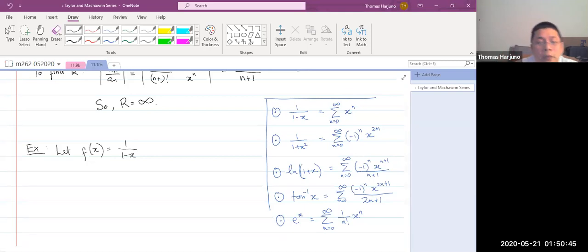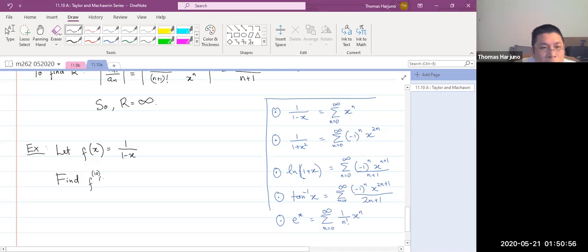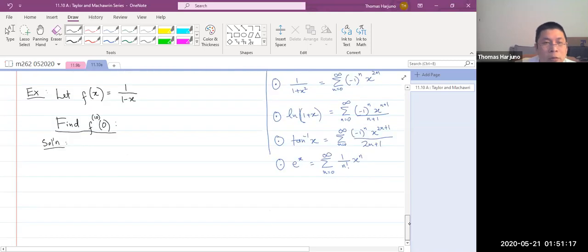And then the question is: find the 10th derivative of the function at 0. Solution. Don't try to do it one by one, like the first derivative, second derivative, third derivative. No, please don't do that.